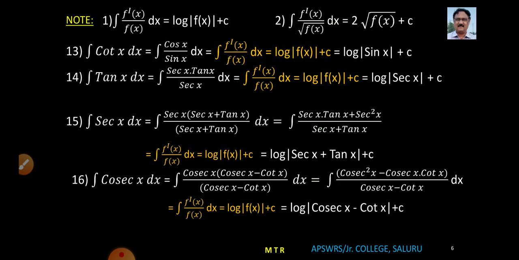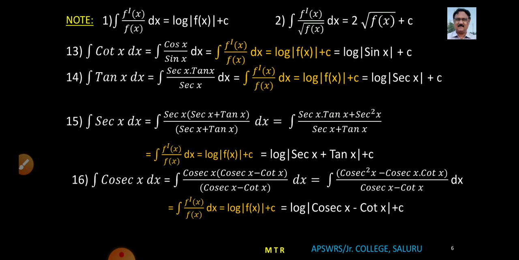There is a small difference between the first formula and the second formula. In the first formula, the denominator is only f of x. But in the second problem, the denominator is root f of x. There is a root in the denominator.